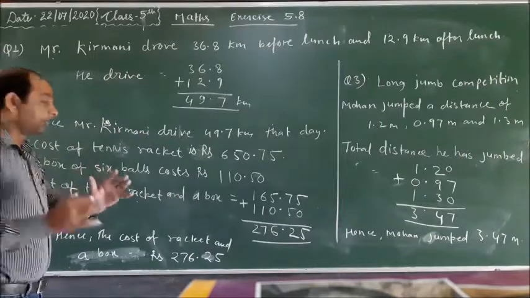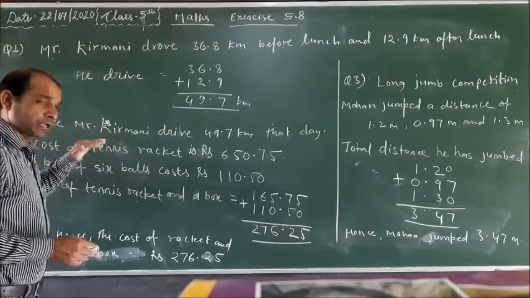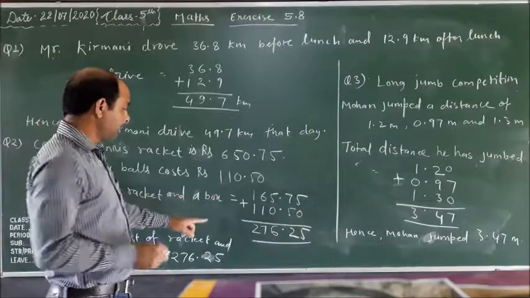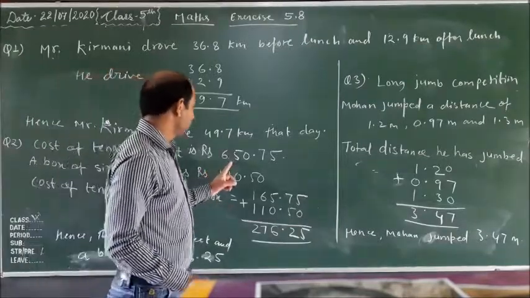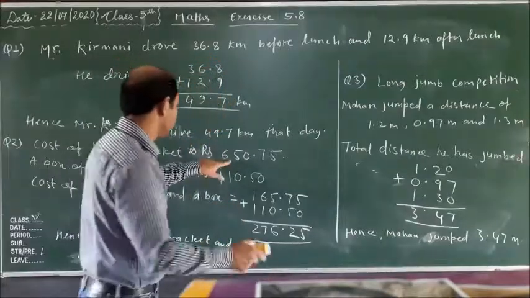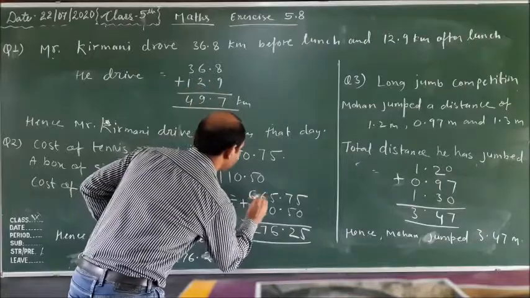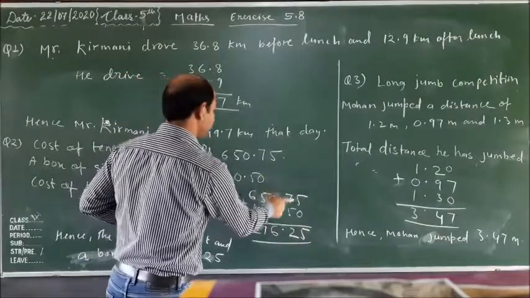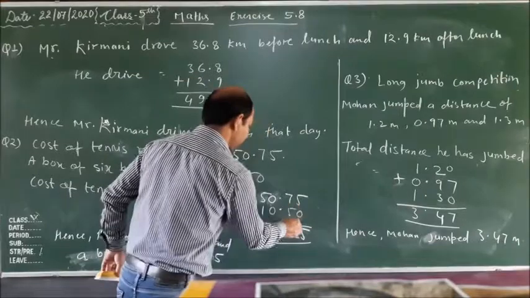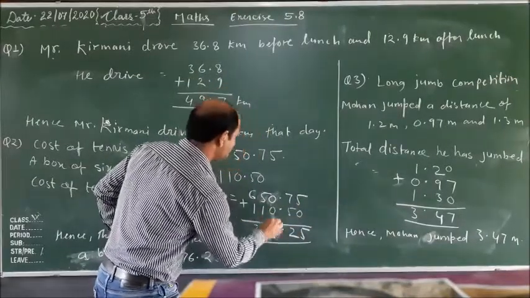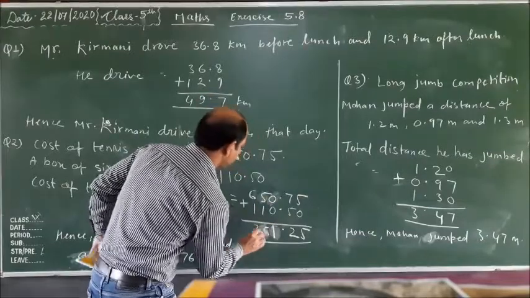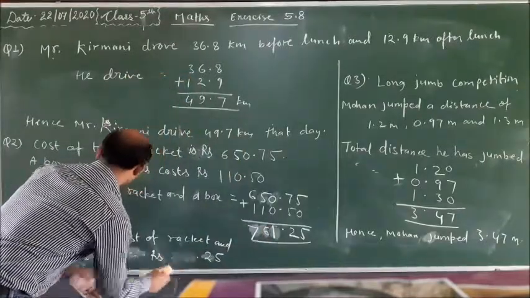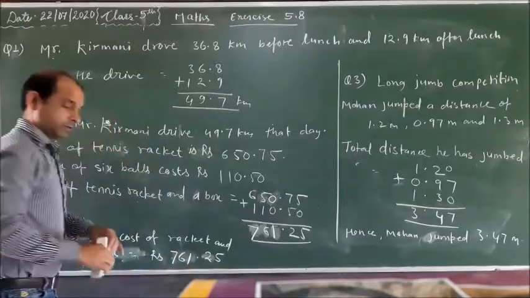The cost of both items, the tennis racket and a box of balls, equals 650.75 plus 110.50. 5 plus 0 is 5, 7 plus 5 is 12, 2 carry 1. 1 plus 1 is 2... 5 plus 1 is 6, and 6 plus 1 is 7. 761.25.